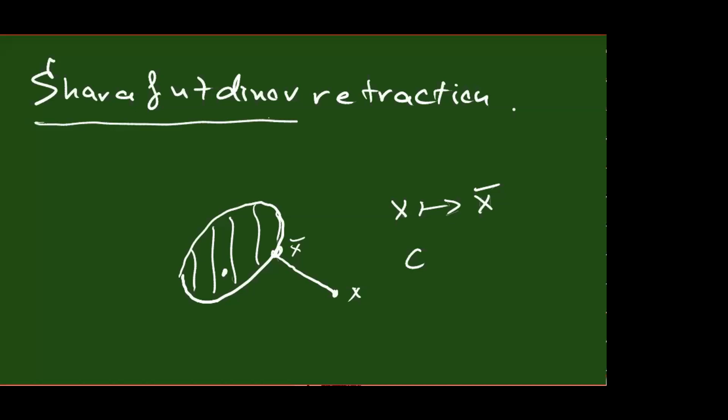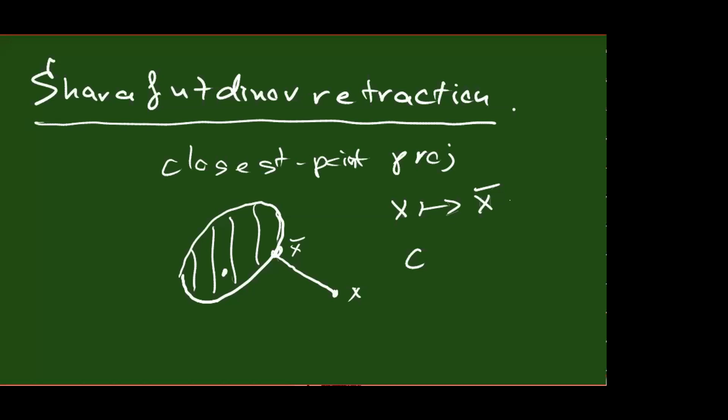I'm talking about Sharafutdinov retraction, and it's a generalization of a certain construction that's called closest point projection, which is useful in Hilbert space and Euclidean space, of course, and it works perfectly well in CAT(0) space, by the way.